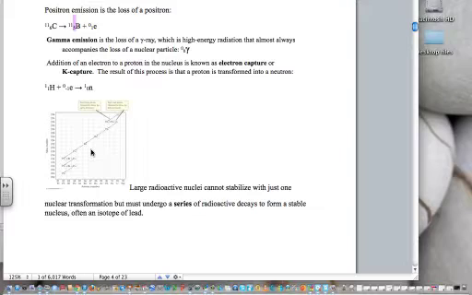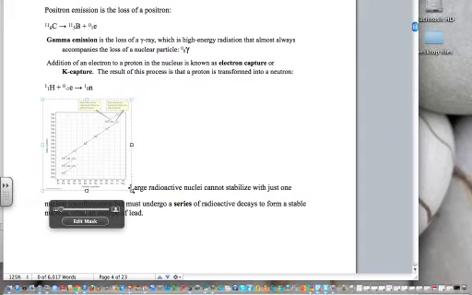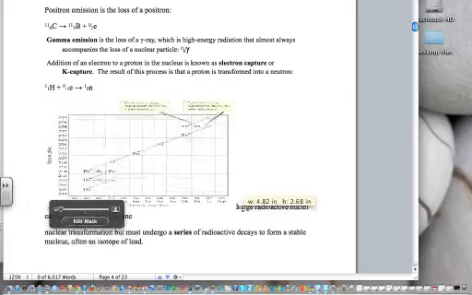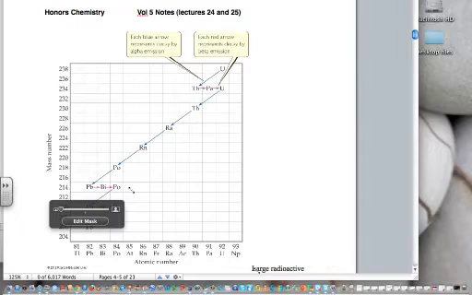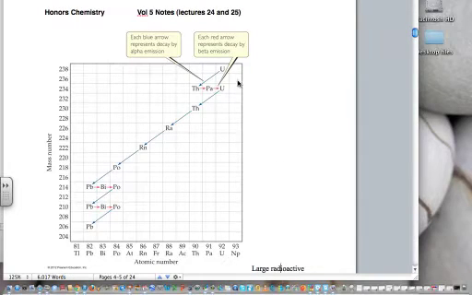Okay, large radioactive nuclei, often greater than 84, often undergo what's called a radioactive series, where you take a radioactive element like a nuclide of uranium and you do a series of changes in order to arrive at your stable nucleus of lead.